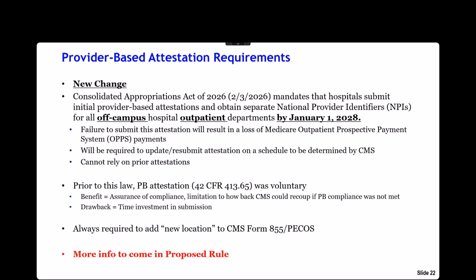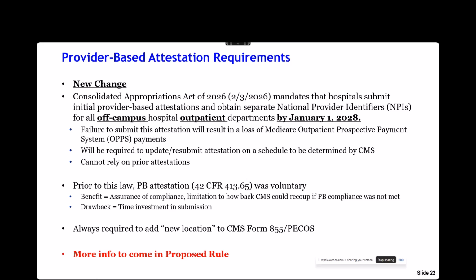And furthermore, you now have to obtain a separate NPI, National Provider Identifier, and bill under that NPI, which, if you think about it, pulls slightly away from the integration, because now they're separate. But that's just the way it is in this case. CMS mandated that because they want to see what claims are coming in. That's kind of what it boils down to.